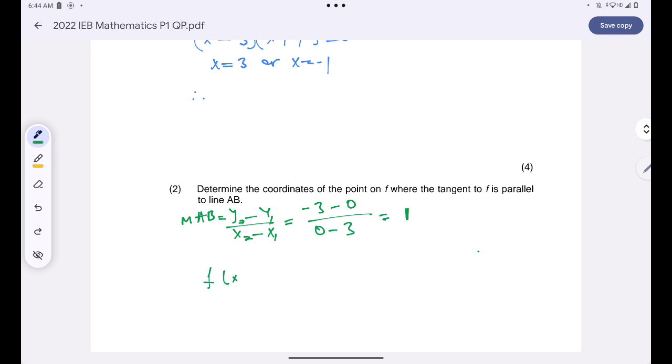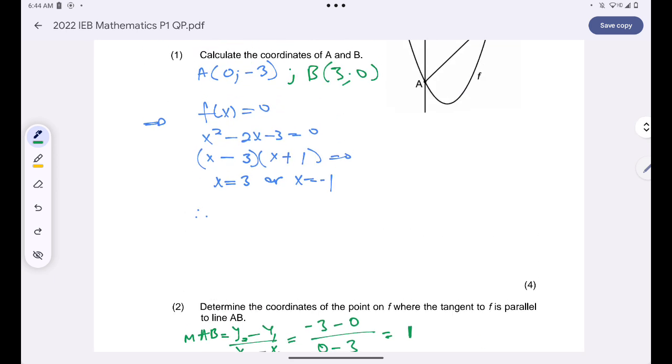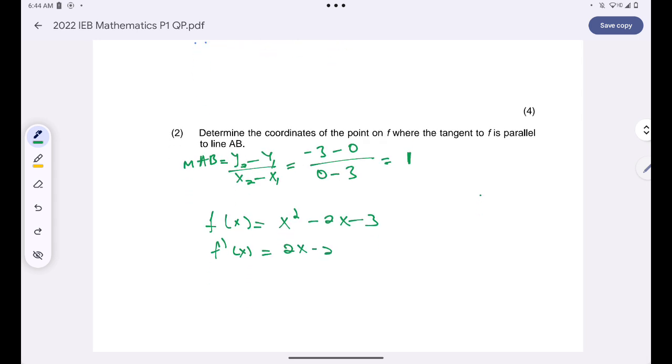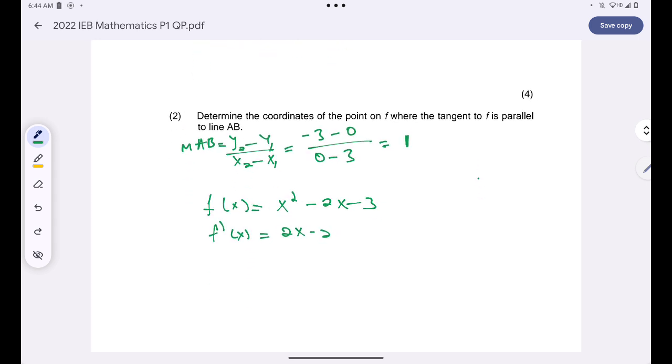Okay. f of x is equal to x squared minus 2x minus 3. Okay. f prime of x is equal to 2x minus 2. Are you together? I want to know the x value whenever the gradient is equal to 1.